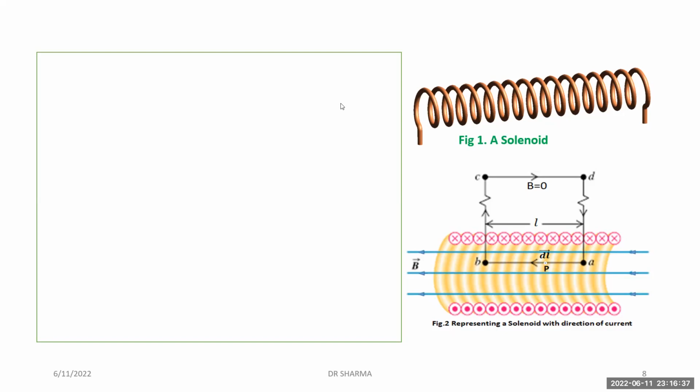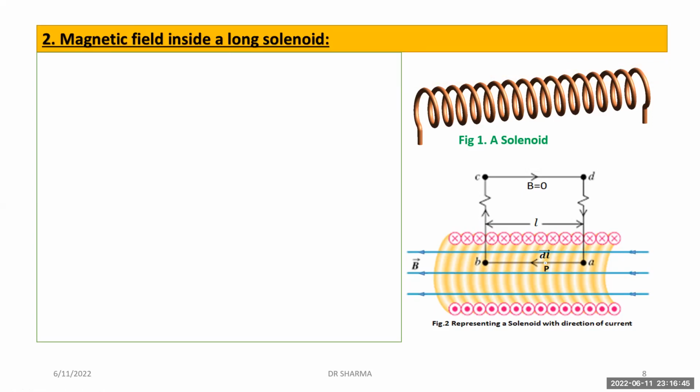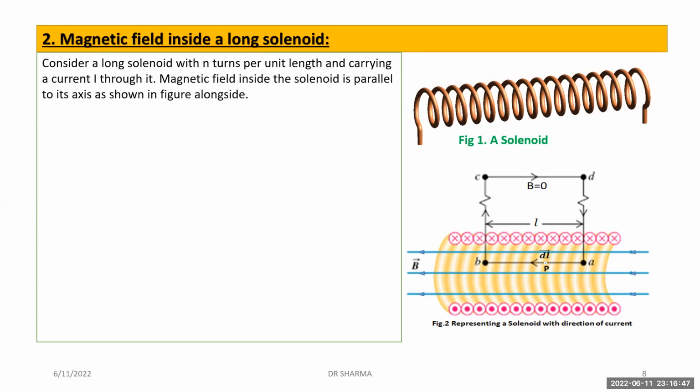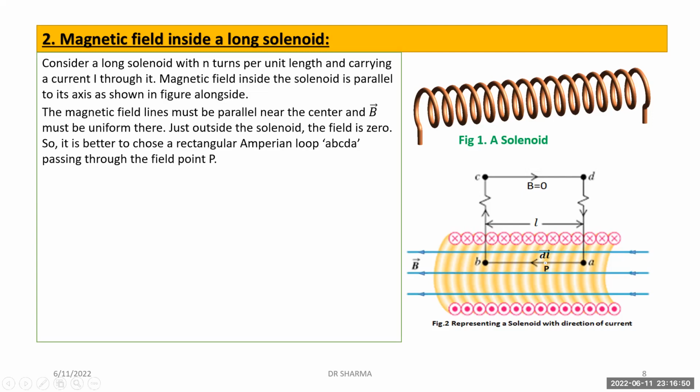Now, to apply Ampere's circuital law, we have to choose a field point. Say we are going to calculate magnetic field at point P inside the solenoid.